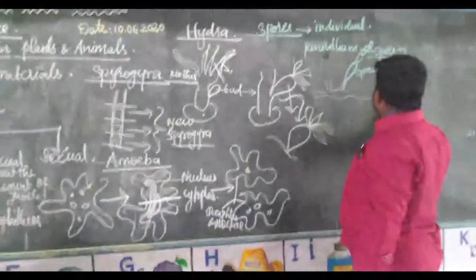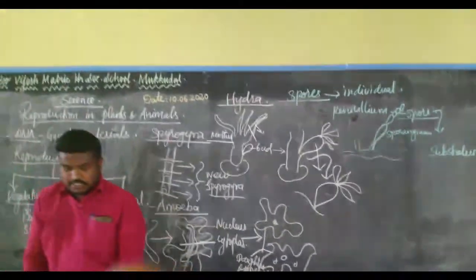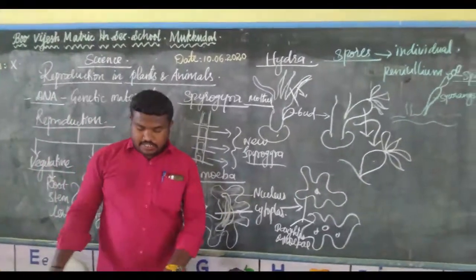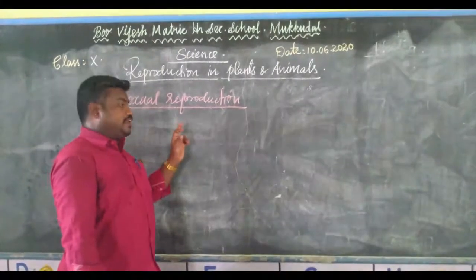So the spores again will fall onto the substrate. That is known as spore formation in asexual reproduction. Can you understand? In asexual reproduction, there is no gamete involvement, isn't it?